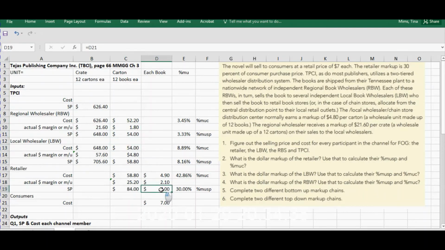Remember, we were given just $7 as the each selling price and 30% as the markup on selling price. And then the only thing else that we were given was some of the markup dollars. And everything else we were able to calculate from those three numbers. Isn't that awesome? I just think that's so cool.